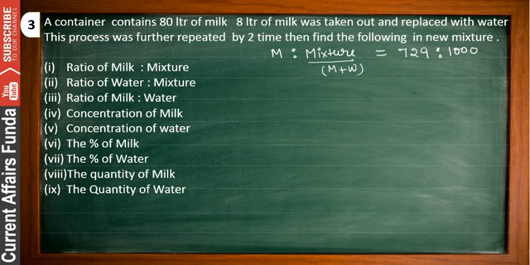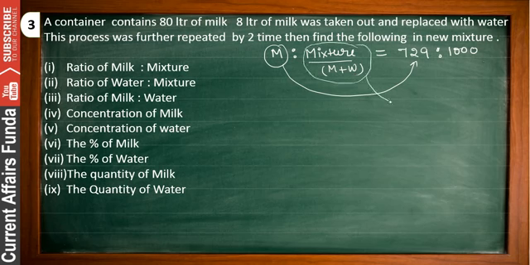So friends, milk is 729, and mixture, that means milk plus water, is 1000. So in the mixture, that is 1000, and milk is 729, so we can say water will be 271.